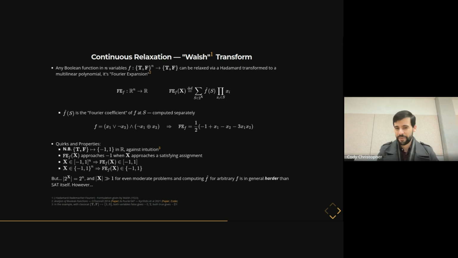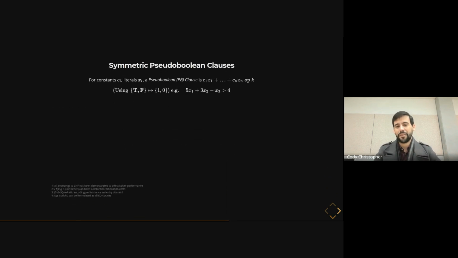However, there is a reason. So I'm briefly going to detour into what we call symmetric pseudo-Boolean clauses. When we're talking about SAT problems, a pseudo-Boolean clause in general is the summation of each of our variables times some constant weight compared to some other value k. We'll go back to the classical treatment of true and false here as 1 and 0.